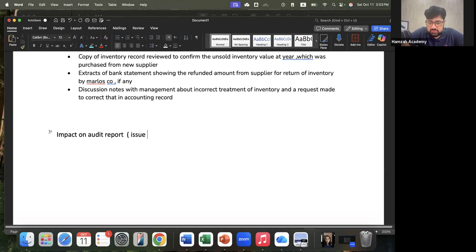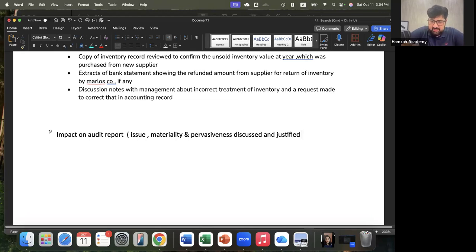We discussed the issue, materiality. What is the issue? It is misstatement, understatement, overstatement. Materiality and pervasiveness are discussed and justified. Why it is pervasive, why it is not pervasive, why it is material, why it is not material. You have to justify. If you say it is pervasive and you do not give how it is pervasive, you will not get any mark, or vice versa.